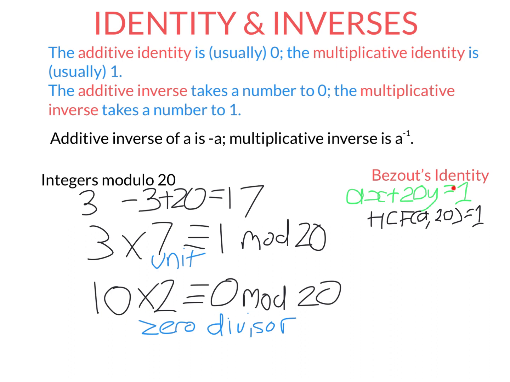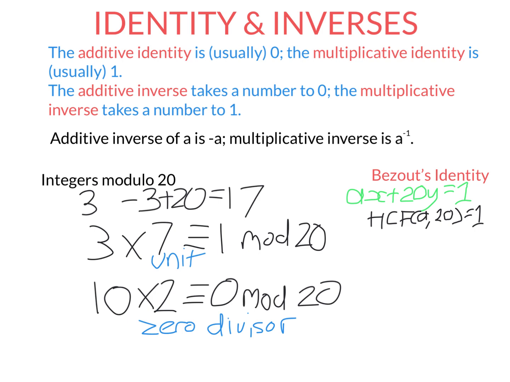Let's look at this example modulo 20 here. Bezout's identity says that ax plus 20y equals 1 will have a solution for x and y both being integers if and only if the highest common factor of a and 20 is equal to 1. Let's take this equation and reduce it modulo 20.